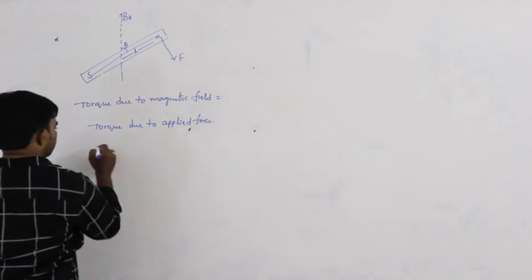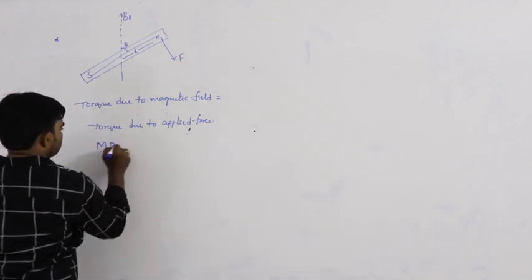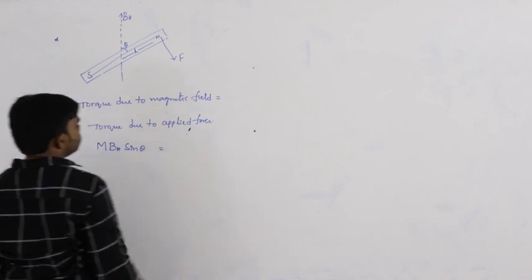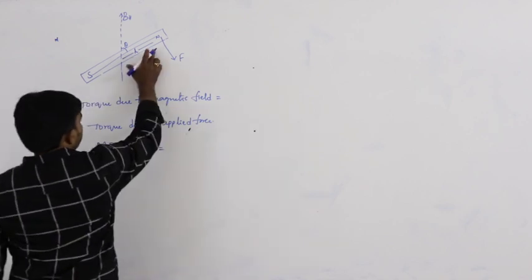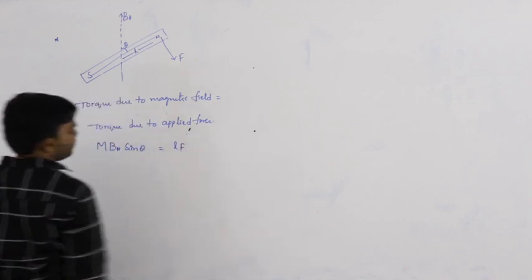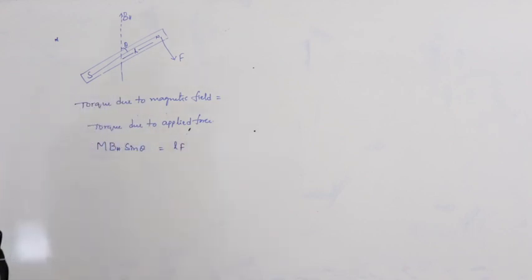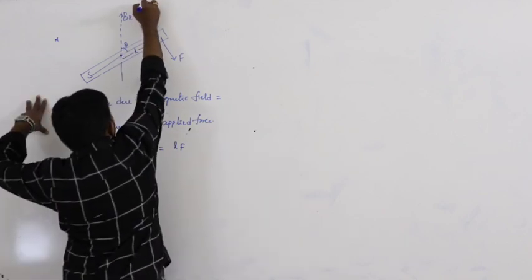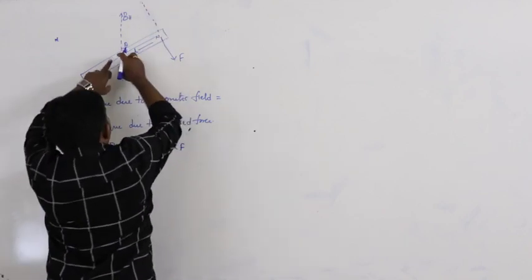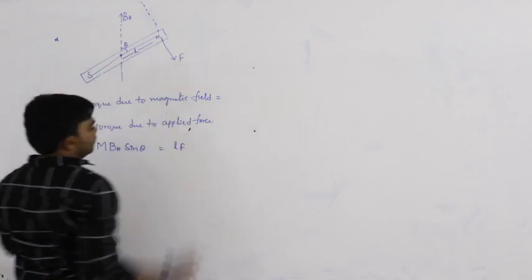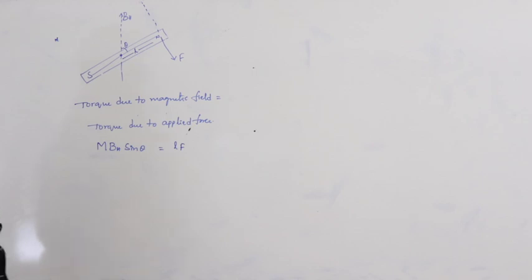Torque due to the magnetic field, we can always write as MBH sin theta, no doubt about that. Torque due to the applied force is force into perpendicular distance, that is LF only. This is the axis of rotation and this is the line of action of the force. What is the perpendicular distance between these two? Nothing but L only. That's why I am writing LF.